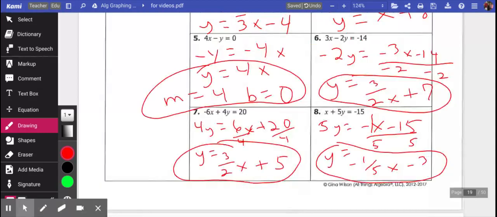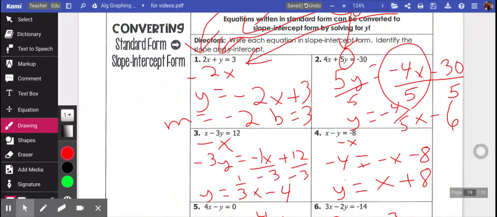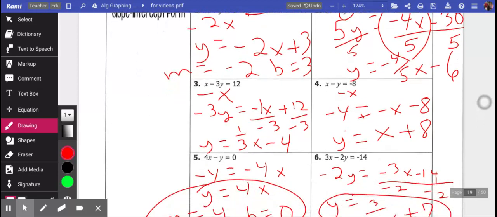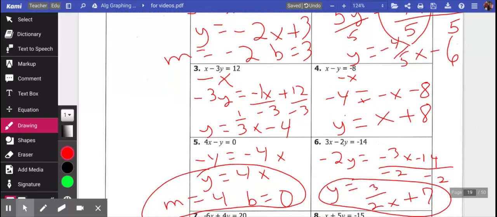Okay, so these last 4, I did number 5 and 6. Number 5, I went ahead and put the m and the b, even though I forgot to do it on the other ones, because this is the only one that's probably tricky.